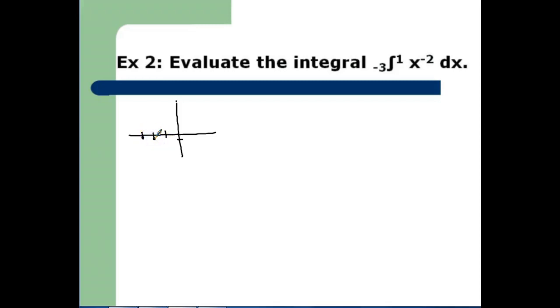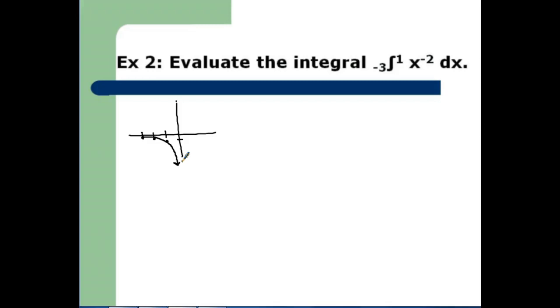At negative 1? Here's my graph. What's happening as we get infinitely closer to 0? We have a vertical asymptote.